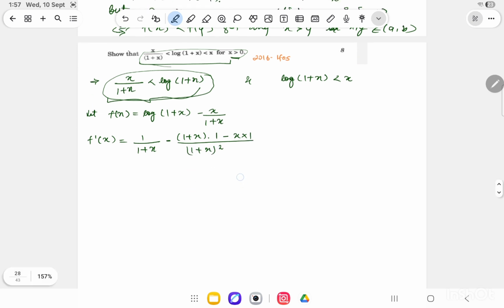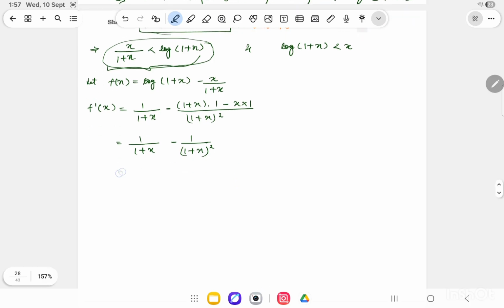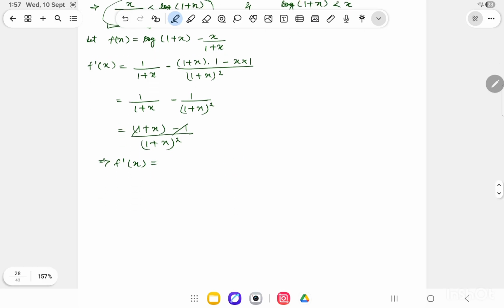So f'(x) is basically equal to 1/(1+x) minus 1/(1+x)^2, and this is equal to [(1+x) - 1]/(1+x)^2. So my f'(x) is basically equal to x/(1+x)^2, but in the question it is given that x is greater than 0.